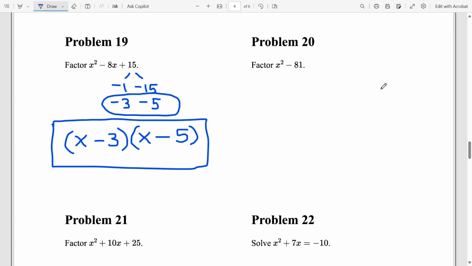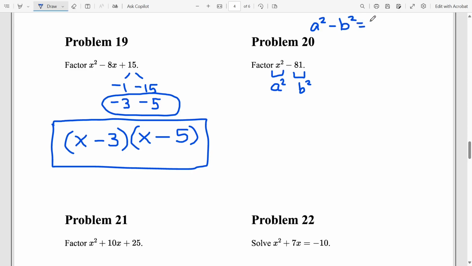All right. In problem 20, we want to factor x squared minus 81. So if they say that x squared is a squared and that 81 is b squared, well, this is going to follow that difference of squares pattern, and that pattern is a squared minus b squared.